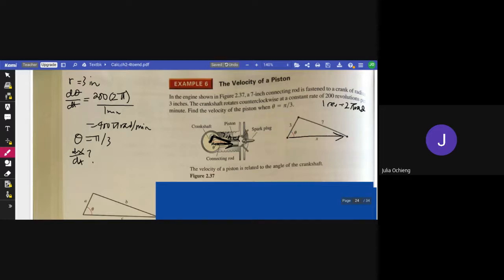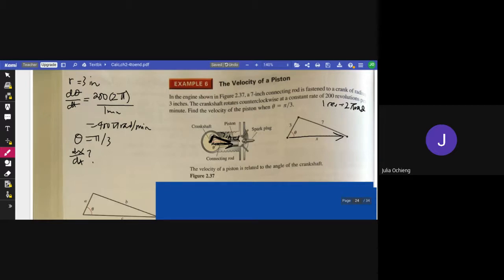So that means that these 3 things are related in terms of theta. So I need some sort of equation that's going to relate x with theta, because they gave us the derivative of theta in terms of time, and they want the derivative of x in terms of time.